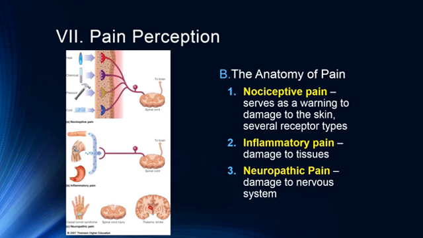Inflammatory pain, again, is caused by damage to tissue. So if you cut yourself, that causes this kind of inflammatory pain. If you've got a problem in your internal environment, so let's say your appendix has gotten inflamed. And then finally, neuropathic pain can be caused by damage to the nervous system.